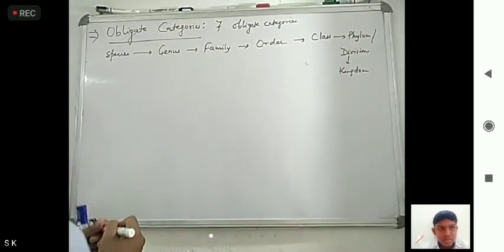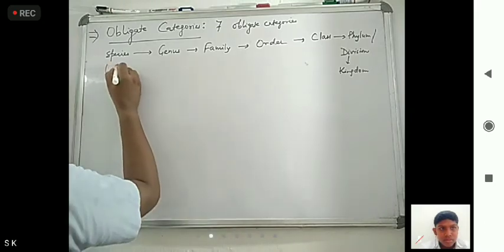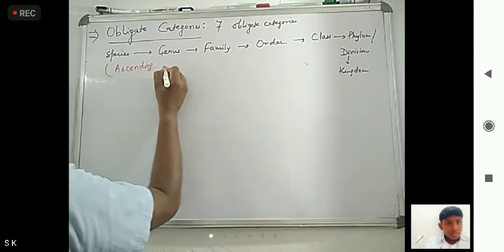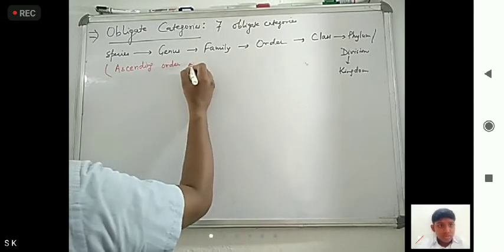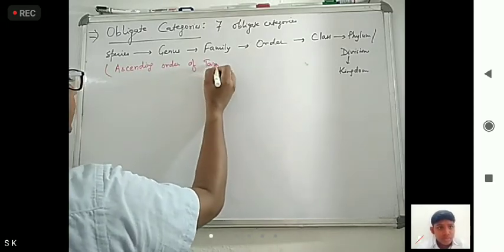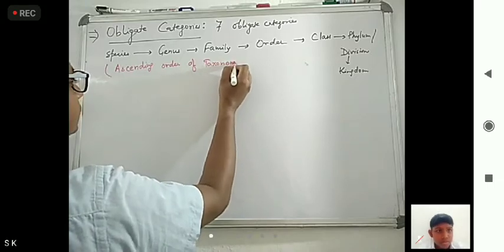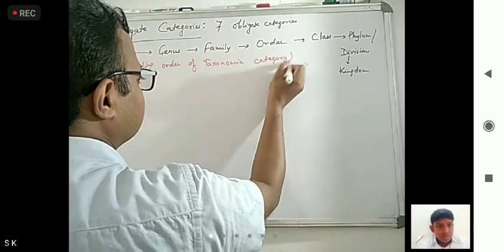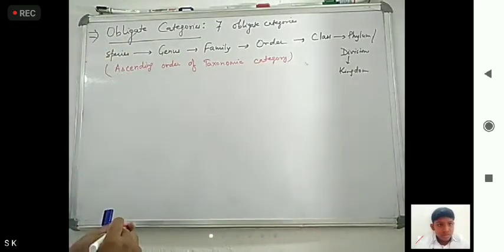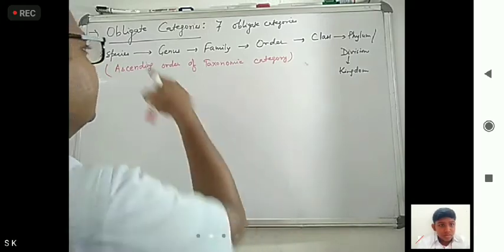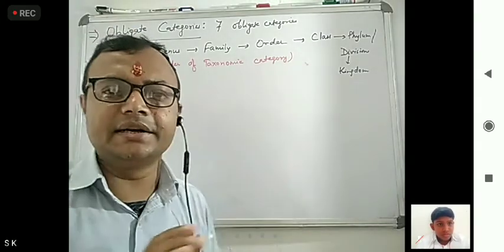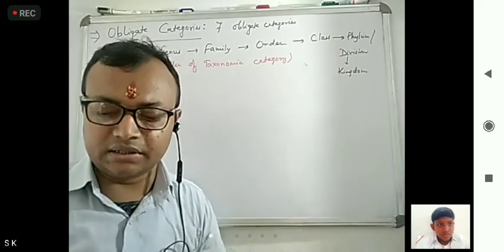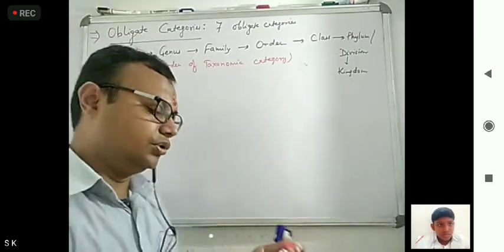This is the arrangement in ascending order. The previous one was descending order. So this is the ascending order of taxonomic categories. Those are the seven obligate categories that we have already known. Now one by one we have to discuss.